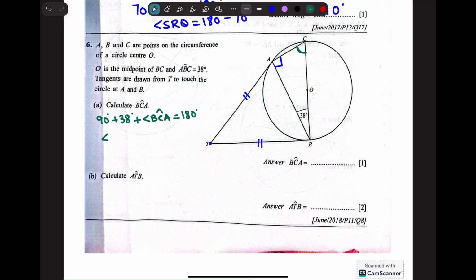So angle BCA is equal to 180 minus 128. So angle BCA is equal to 52 degrees.